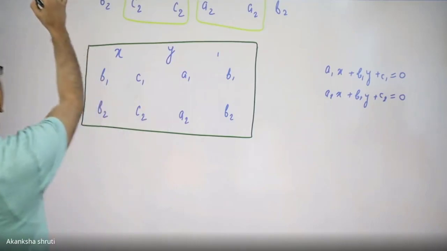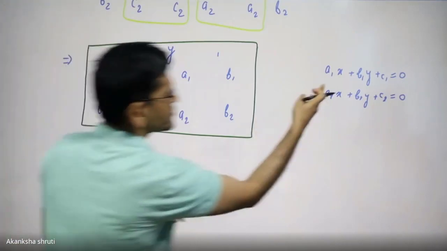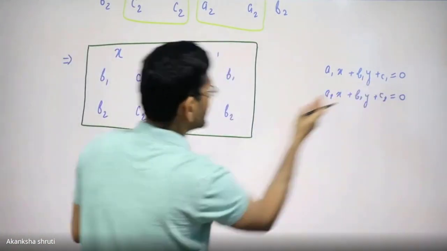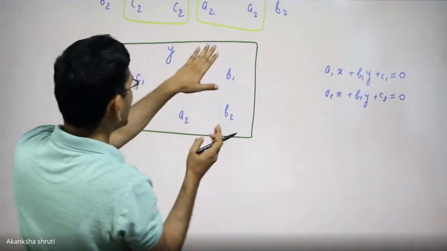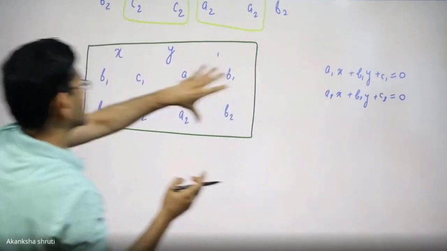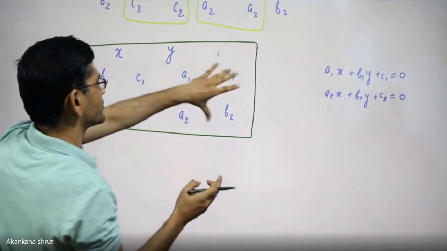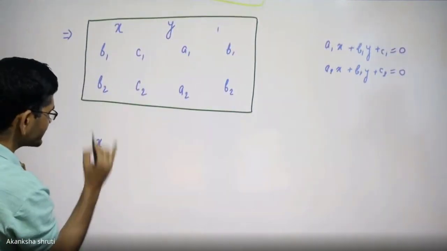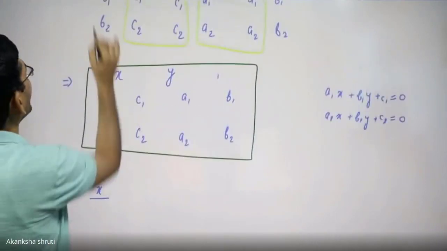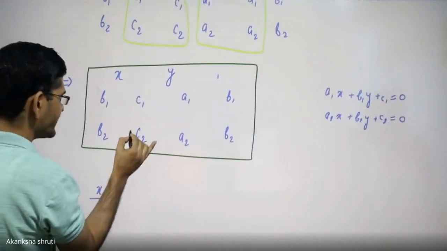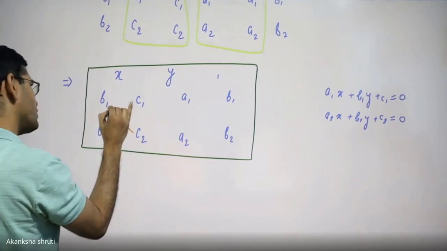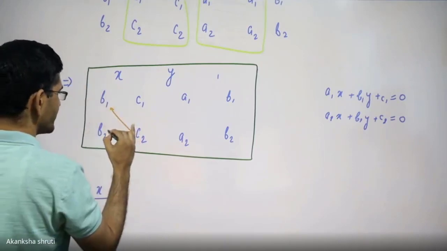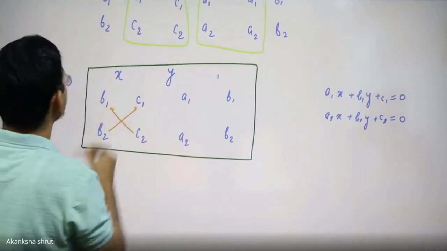Now, from these two equations, for finding x and y, we need to write this arrangement or this order. Then this x is determined how, students? Again, we need to apply the same rule. Go left with positive, negative go right.